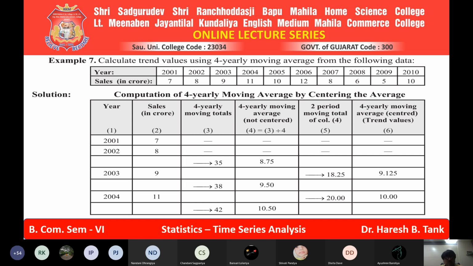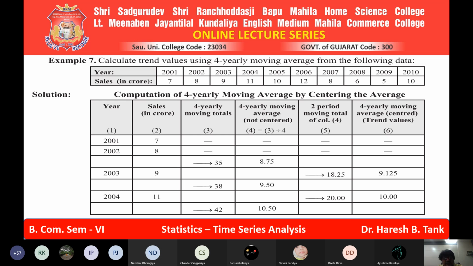Do it right now. 2001, blank, 2002, blank, 2003, blank, 2004 and so on up to 2010. Make another column: sales.